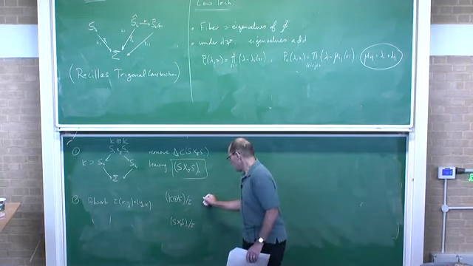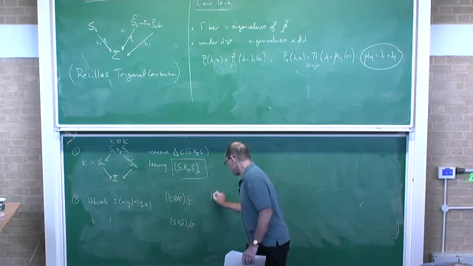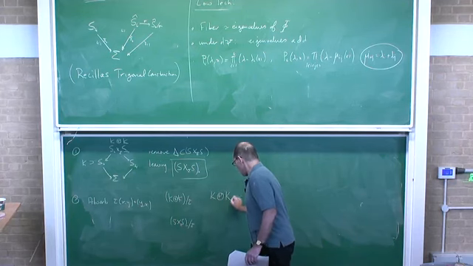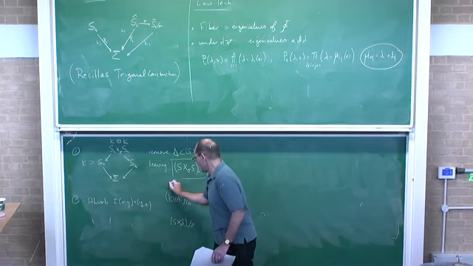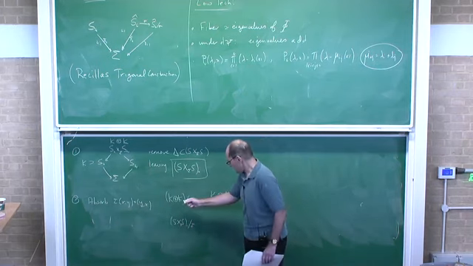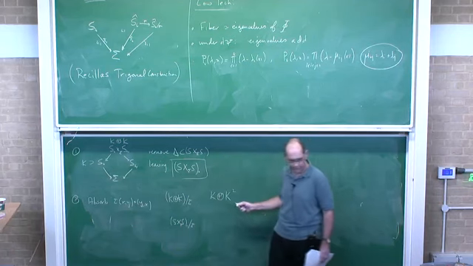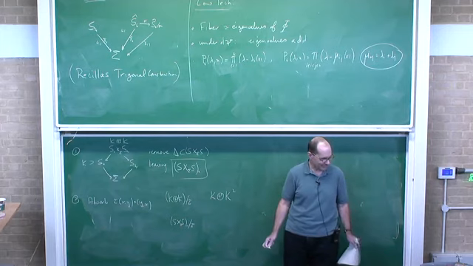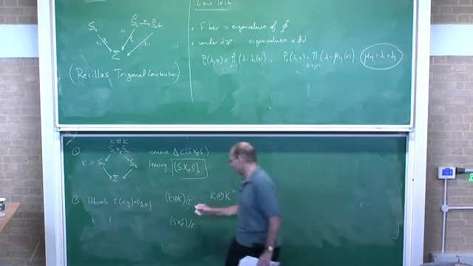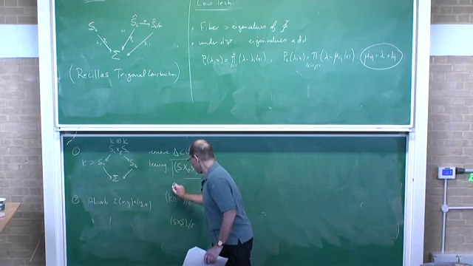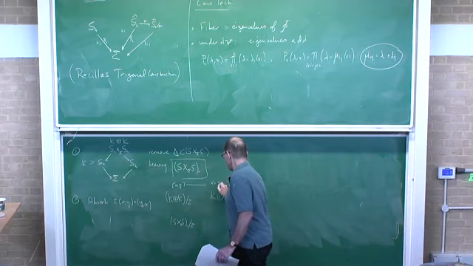You can transform that into K plus K squared. This is the map that replaces roots with coefficients of polynomials, or is it the other way around? I'm not sure, but it's the map that takes an unordered pair to the sum and the product.